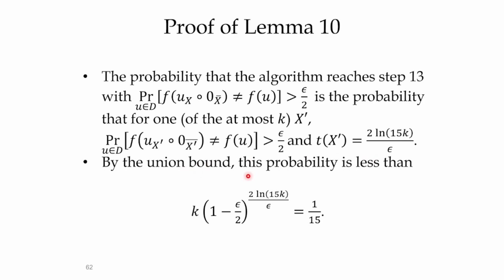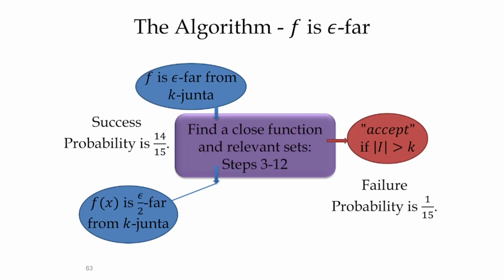By the union bound, this probability is less than 1 divided by 15. Because of lemma 10, these will be our probabilities. So we have a success probability of 14 divided by 15 and a failure probability of 1 divided by 15.